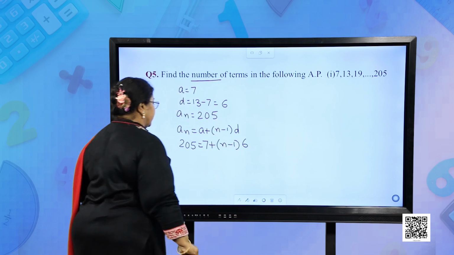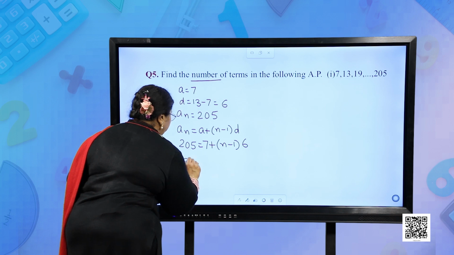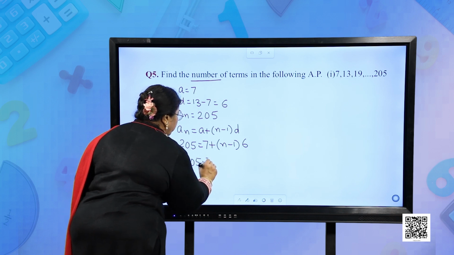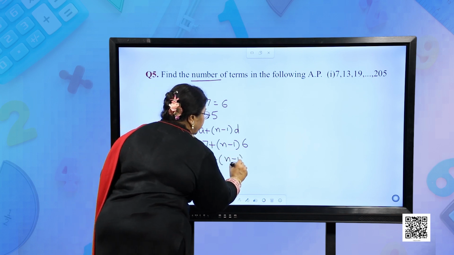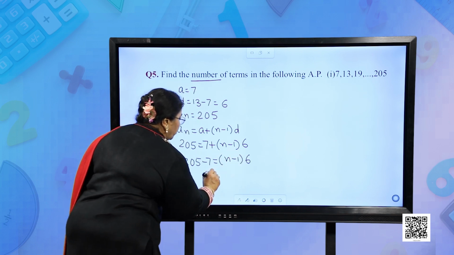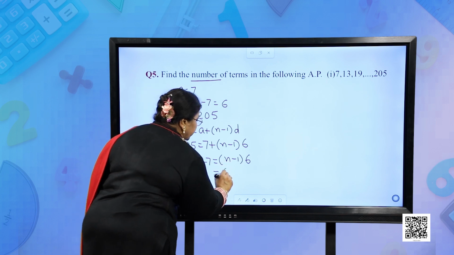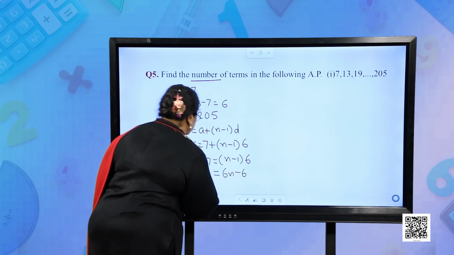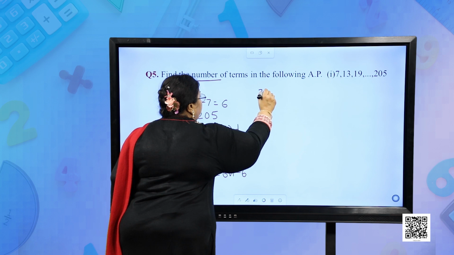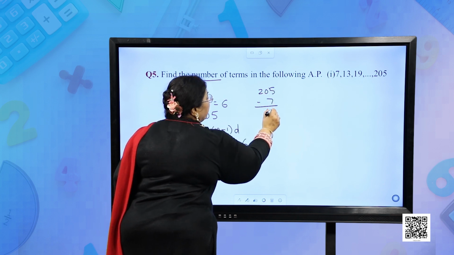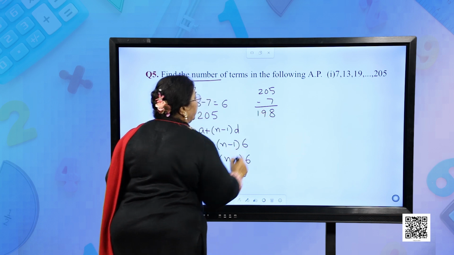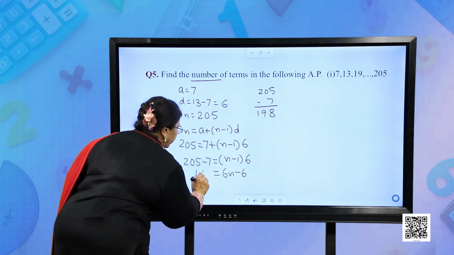D is 6. Now, if I bring 7 to the left hand side, 205 minus 7 is equal to n minus 1 into 6. Now, if I open the brackets, 6n minus 6. Here 205 minus 7, what do we get? 198.